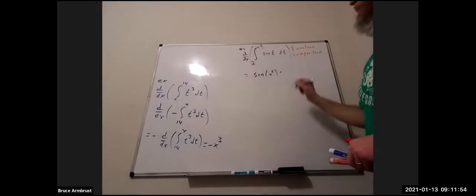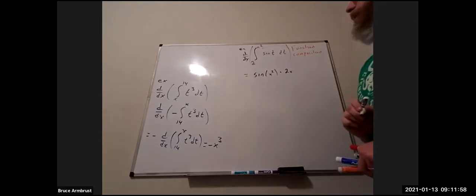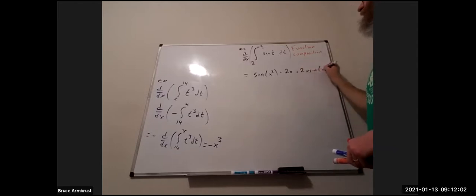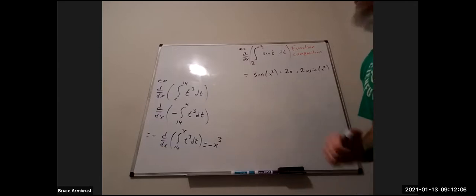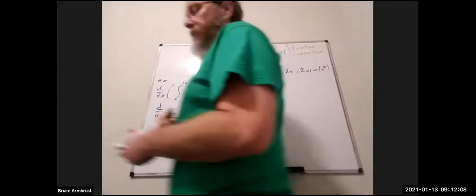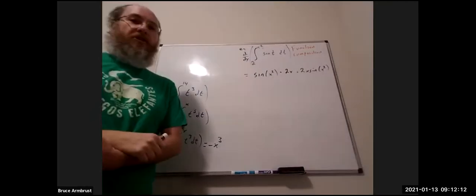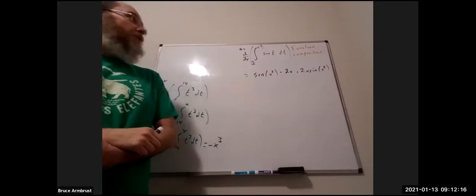We're putting in x squared, and its derivative is 2x. So the answer to this is 2x sine of x squared. So if your bound isn't just x, but some other function, just use the chain rule. Do the chain rule and you're good to go.